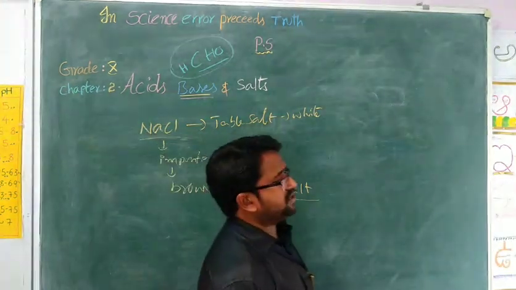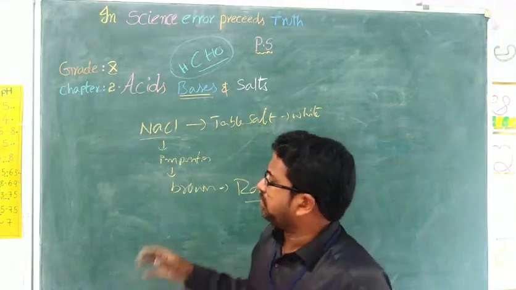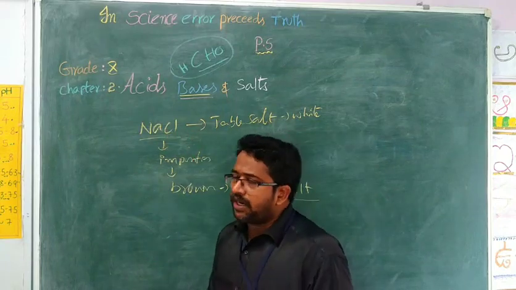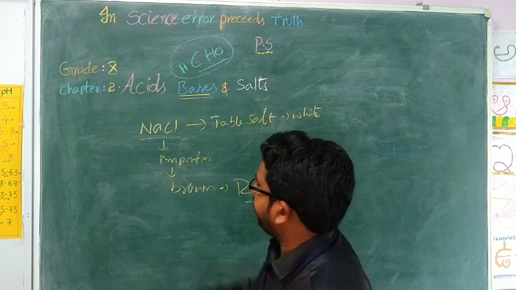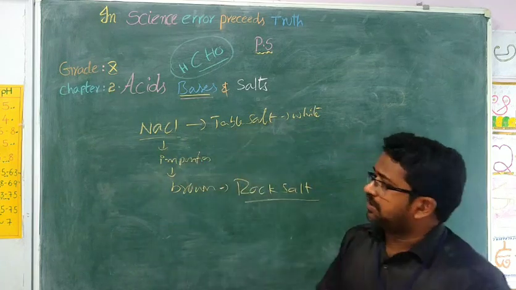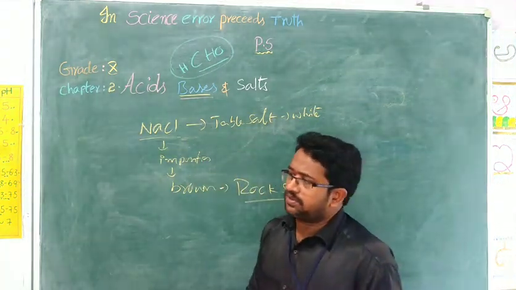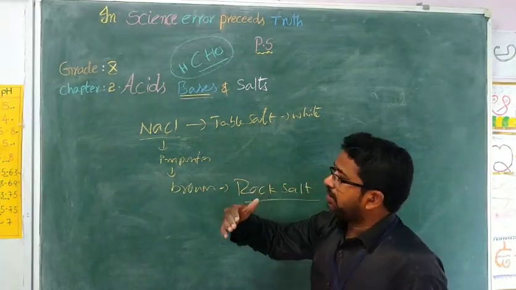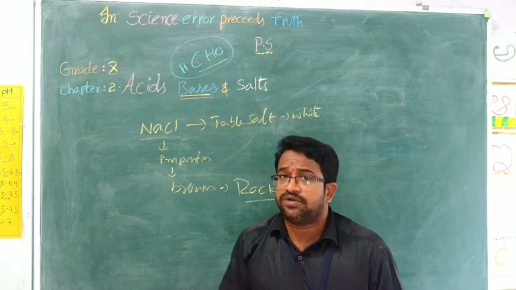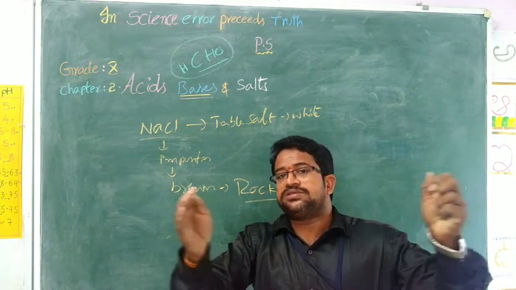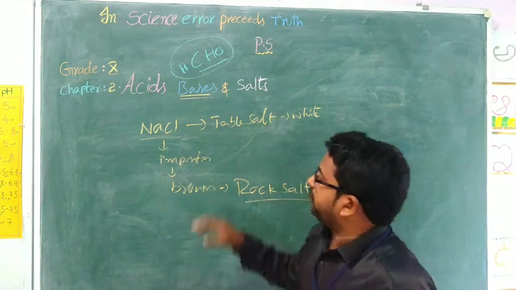Then what is the use of this NaCl? Already I told you NaCl can be used as an antigen, an antibacterial solution. Table salt is mostly used in cooking. It will enhance the taste of the food and also increase the preservative time.